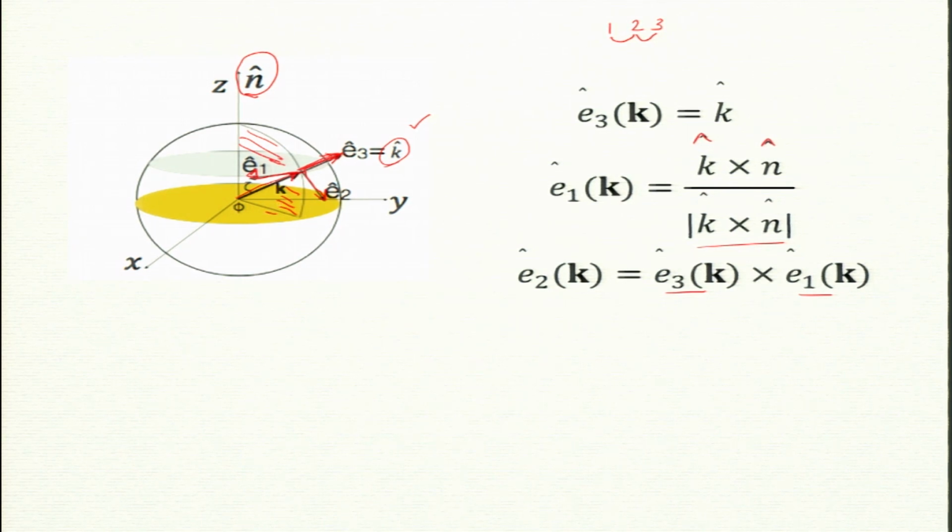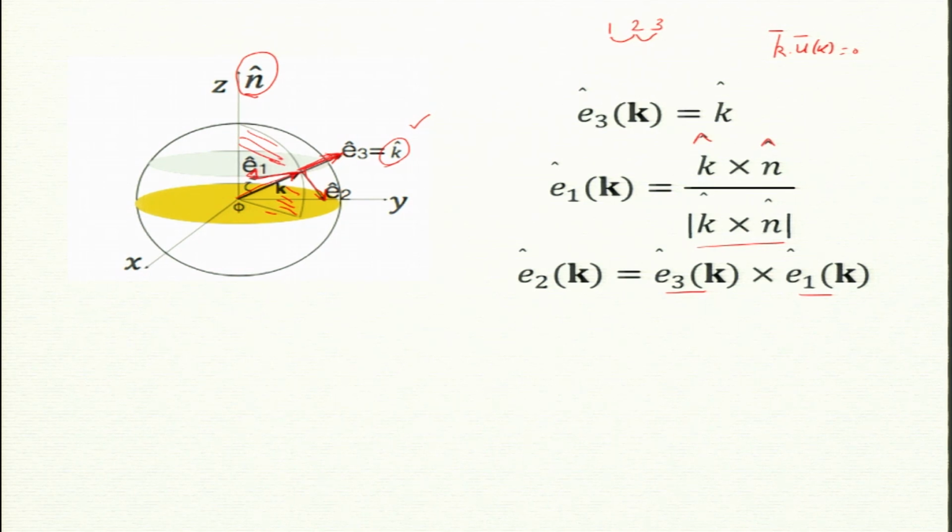Now for the velocity vector for incompressible flows, we know that k dot uk is 0, correct. So uk must lie perpendicular to the k vector. It will lie in the plane formed by the E1 and E2 vectors. So what is the natural basis for expressing the velocity vector? E1 and E2.